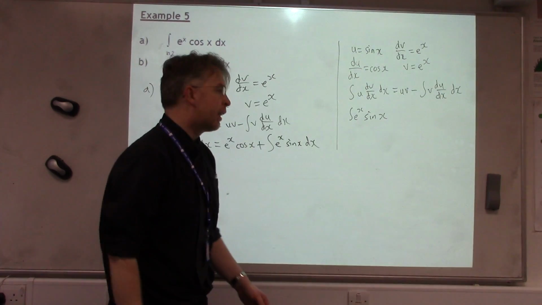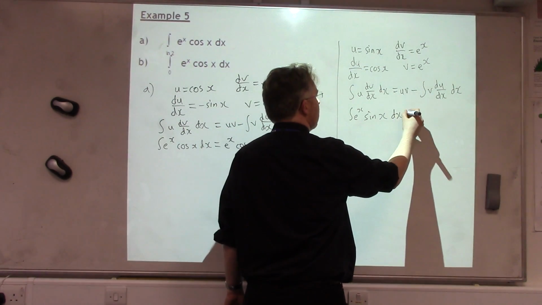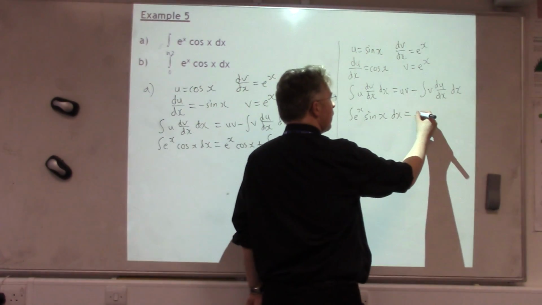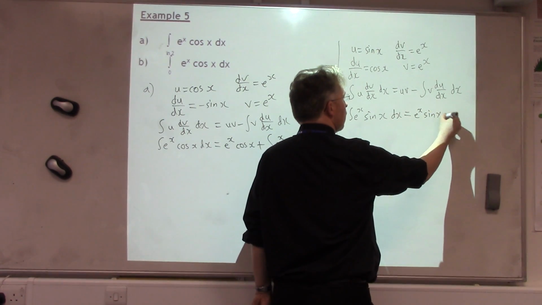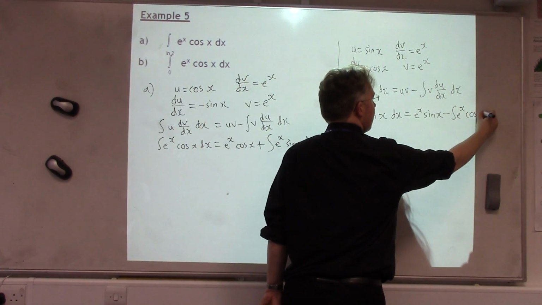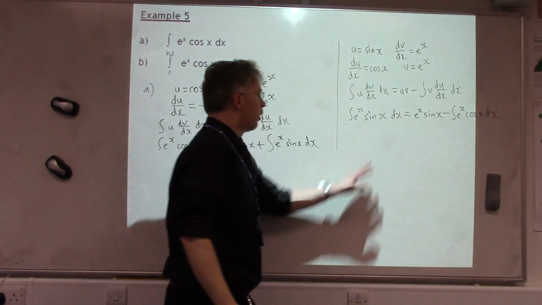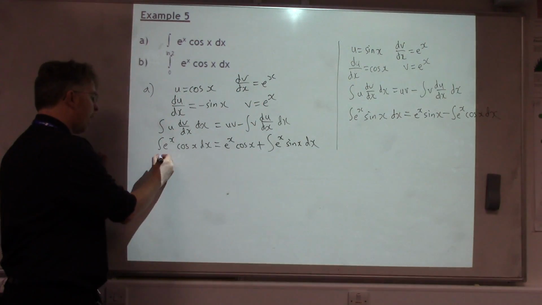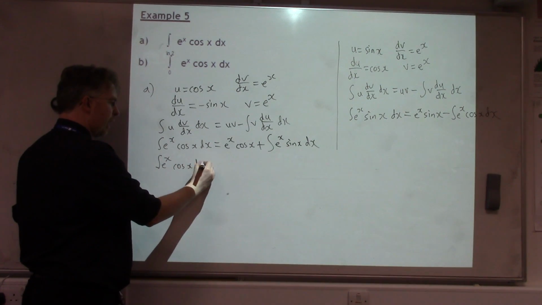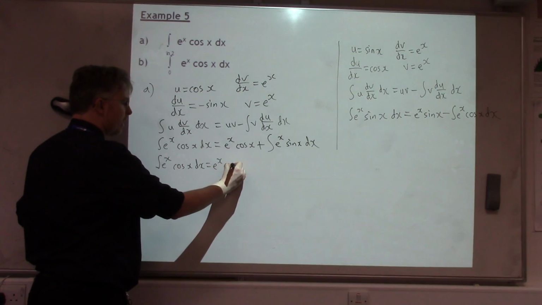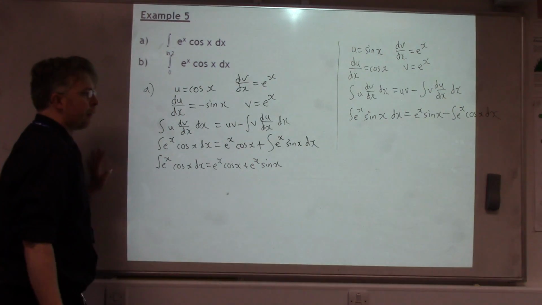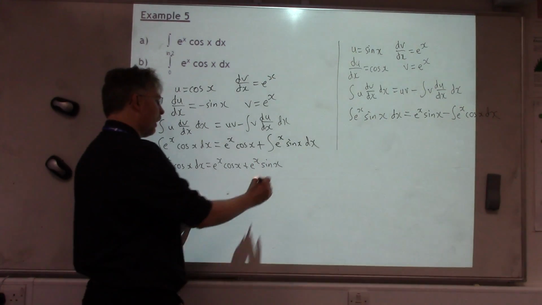The integral of e to the x sin x dx equals u times v, e to the x sin x, minus the integral of e to the x cos x dx. Sub that into here, we get the integral of e to the x cos x dx equals e to the x cos x plus e to the x sin x minus the integral of e to the x cos x.